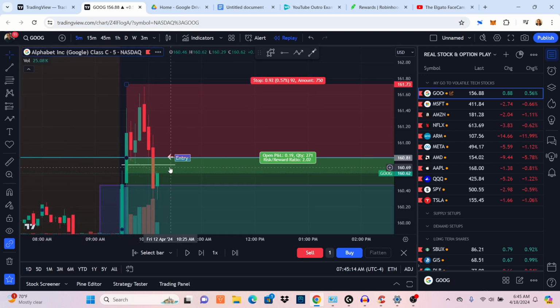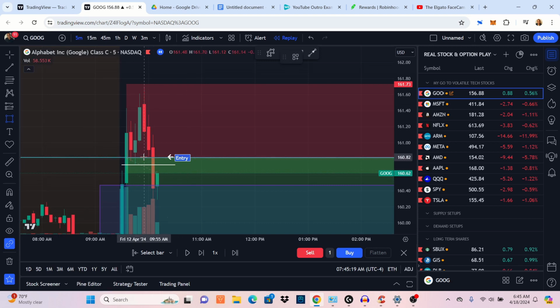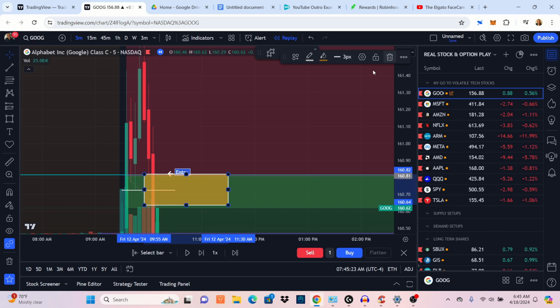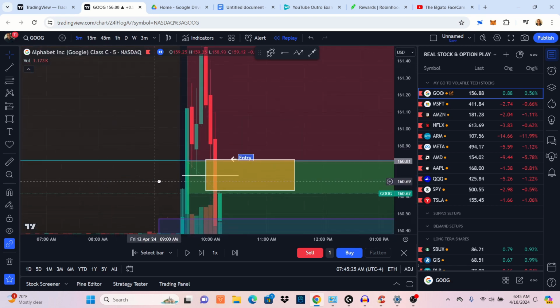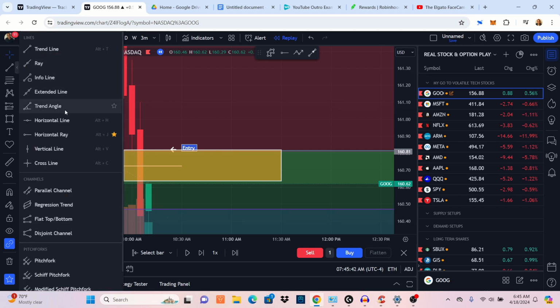So let me highlight this over here. So we're going to go here, take that, and I'm going to zoom in so you can see it. So you see this candle right here, and then you see this candle right here. There is a gap. For price to be balanced, there needs to be some sort of, even a wick that fills this gap, kind of like this. So let me take this line over here.